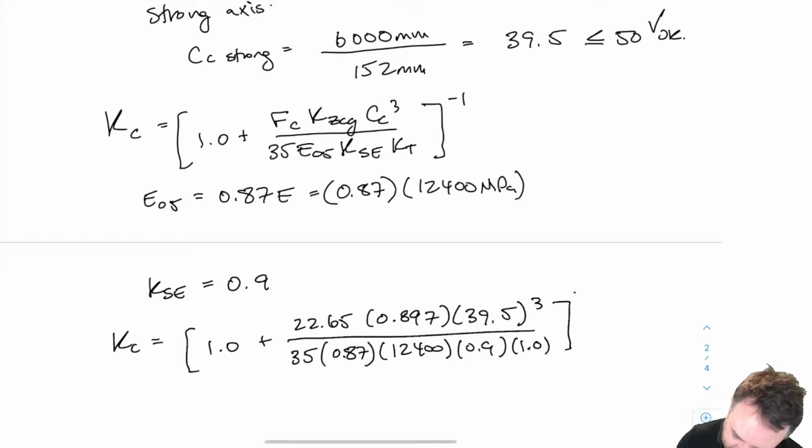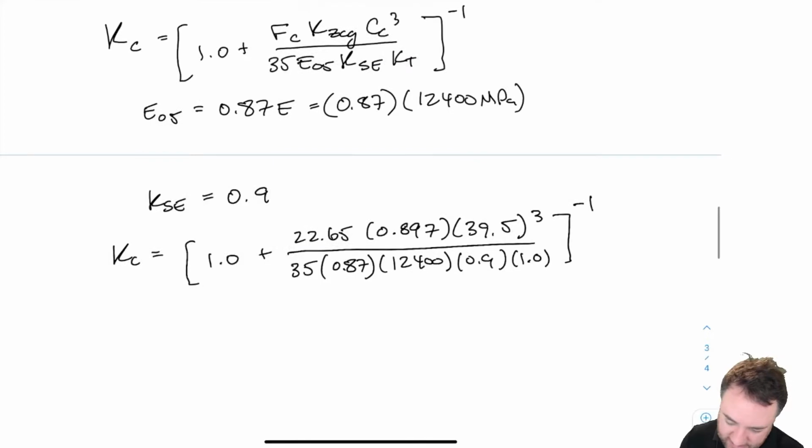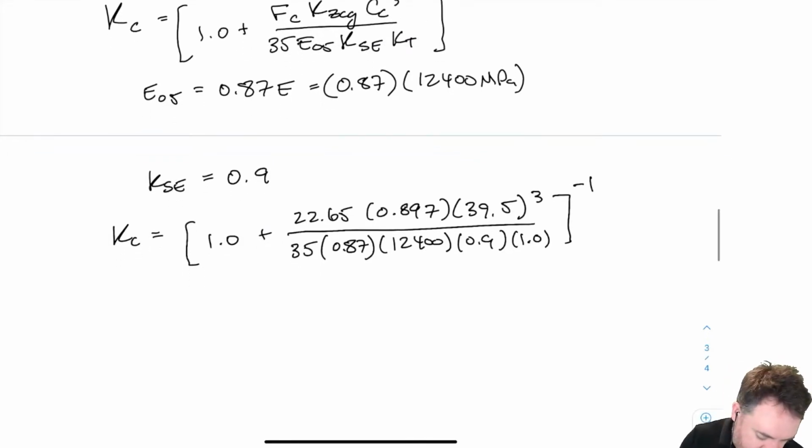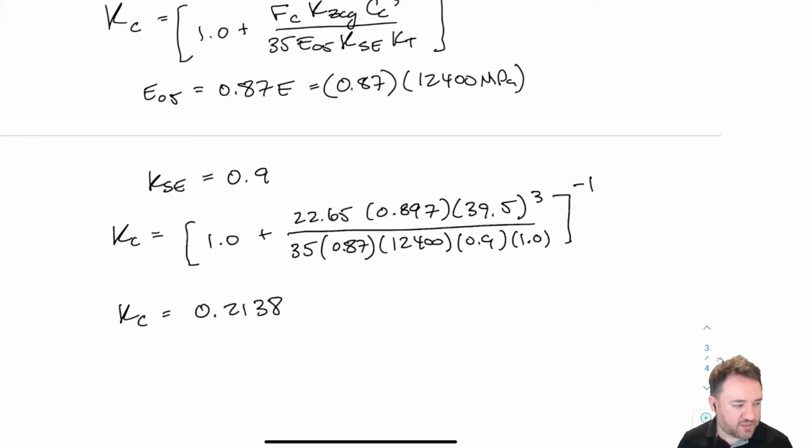We cannot forget this minus 1 exponent; we have to flip it. We have to take the inverse. That's an easy thing to forget. And we get KC equal to 0.2138.